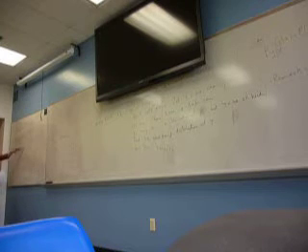I'm just writing this out for each possible value. And if you sum them, a conditional probability is also a probability, right? So add these up, and they'll equal 1.